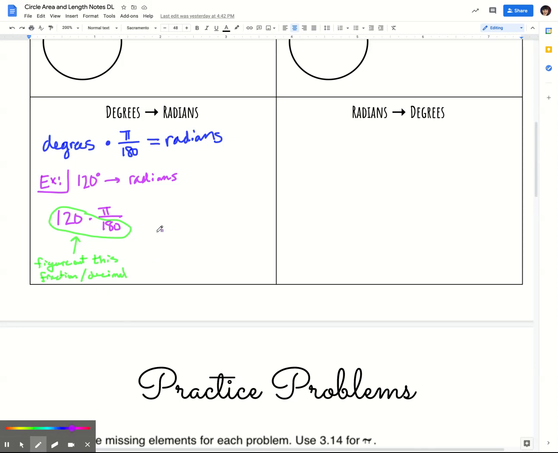So here, 120 divided by 180 is essentially what you're doing, with a pi stuck on the end.